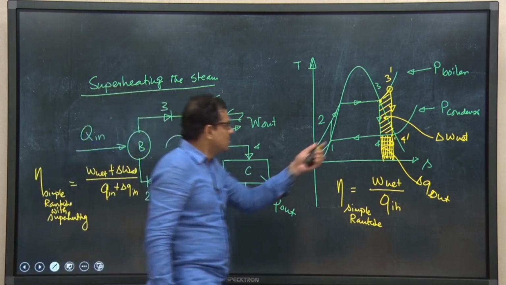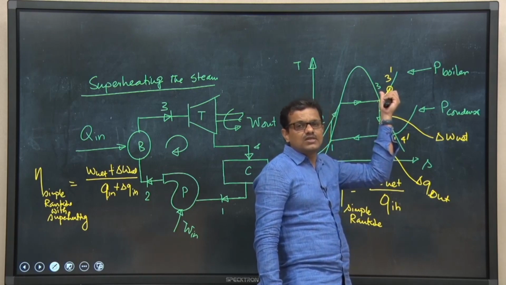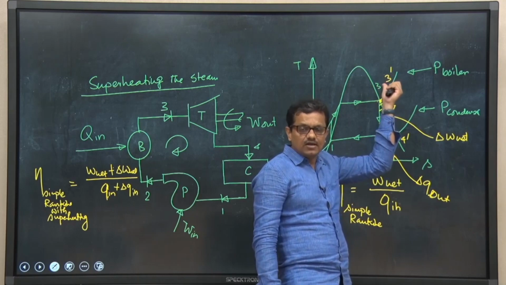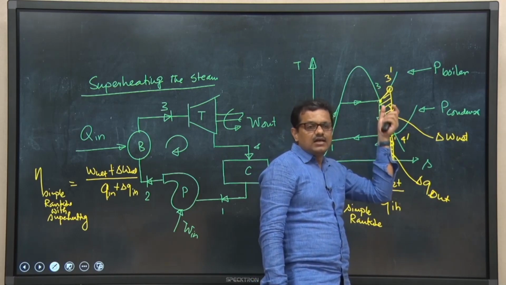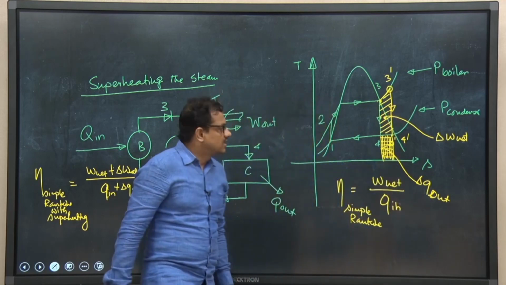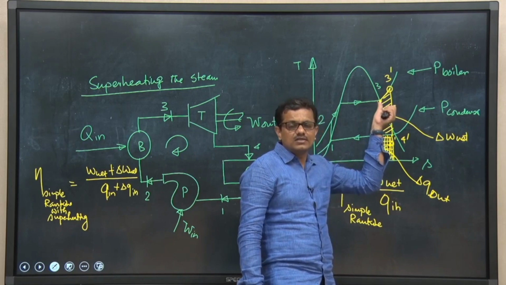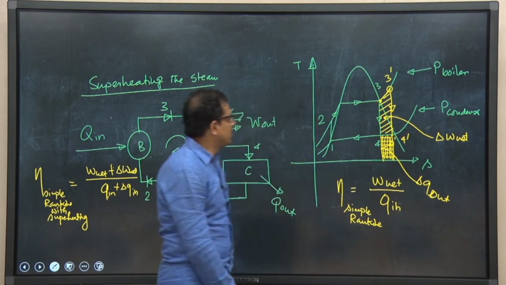As I told you, the steam generated in the boiler would be taken through some special arrangements, so that steam can be superheated. Instead of doing that, if we look at another way of getting this additional heat, but at a constant temperature inside the boiler, that is nothing but increasing the boiler pressure.